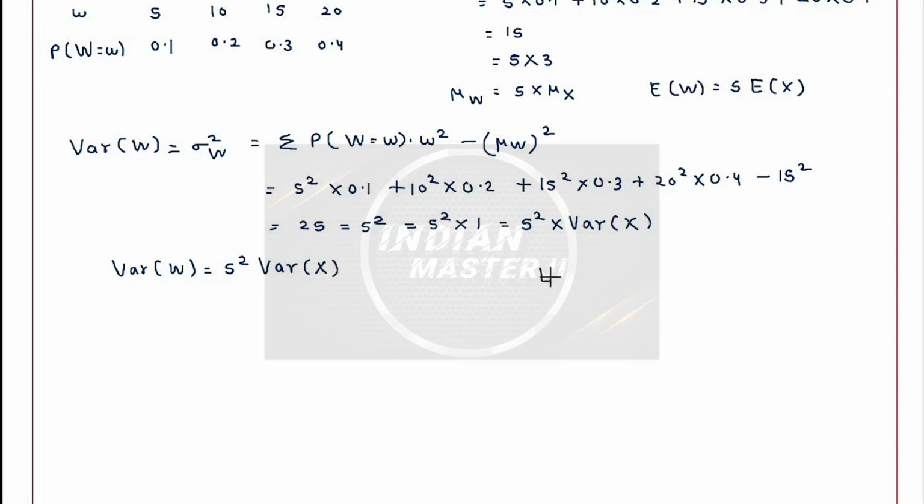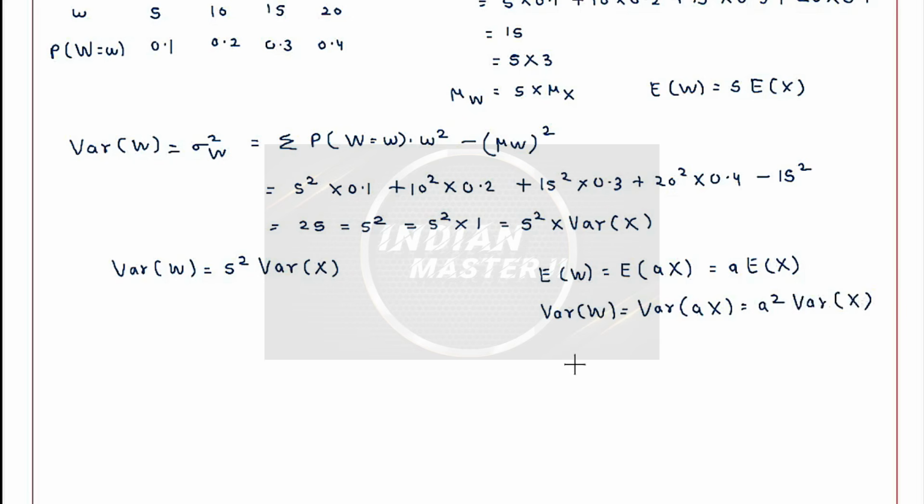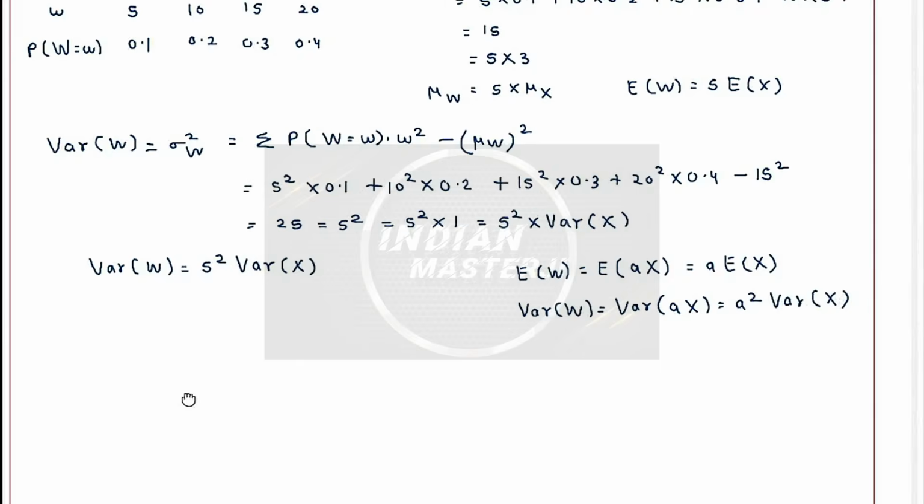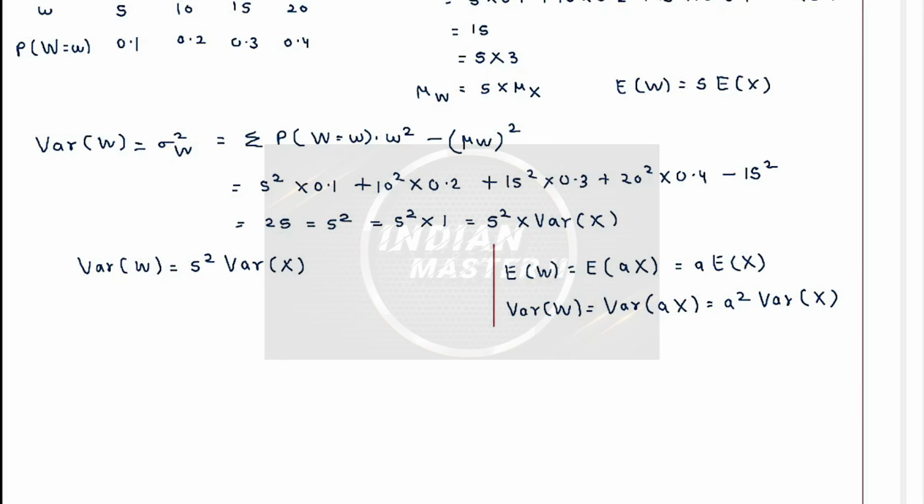So in general, can I say E of W, which is equal to E of A into x, is actually equal to A into E of x, and variance of W is equal to variance of AX, which will be equal to A square into variance of x. Correct? Can I say it this way? So this becomes the second relationship when we have a linear function which is a multiple of a given random variable.